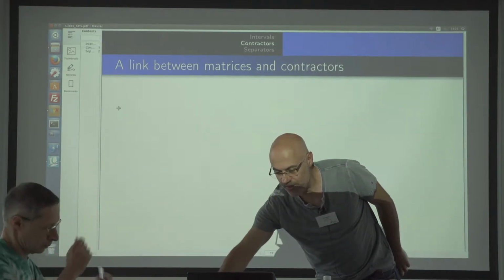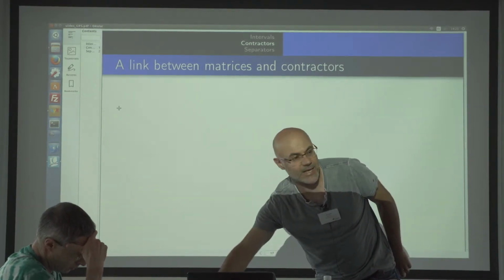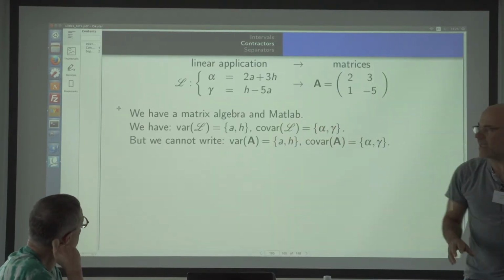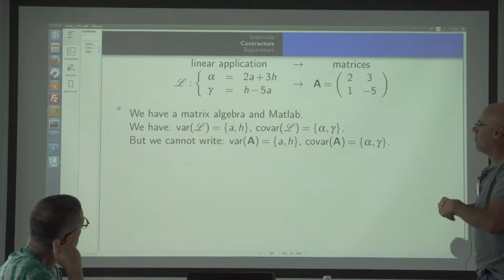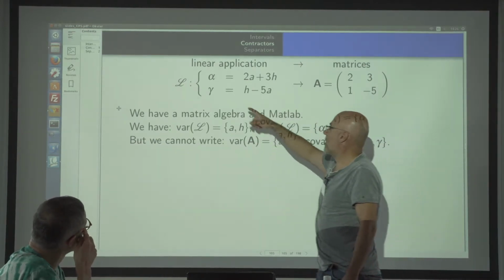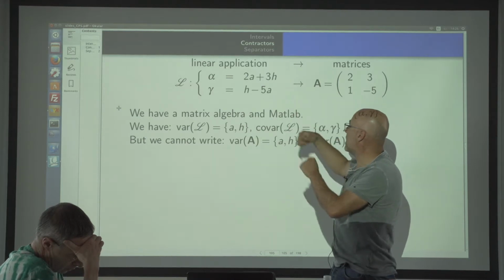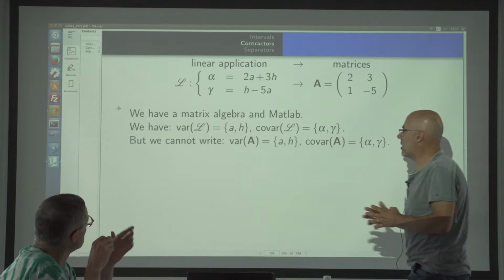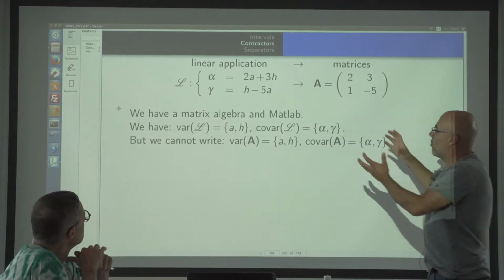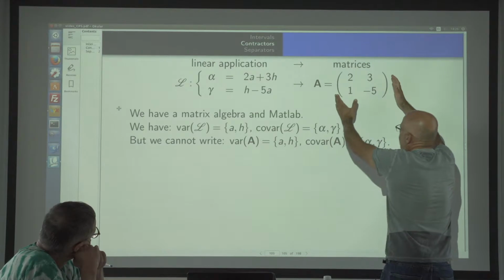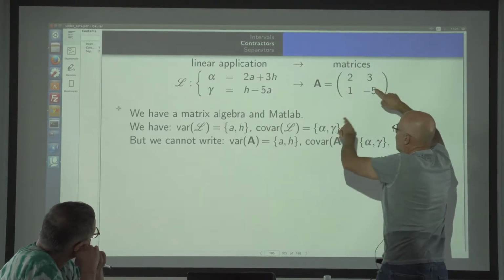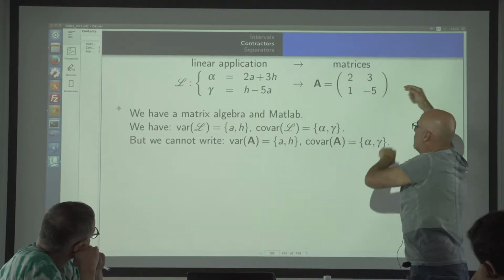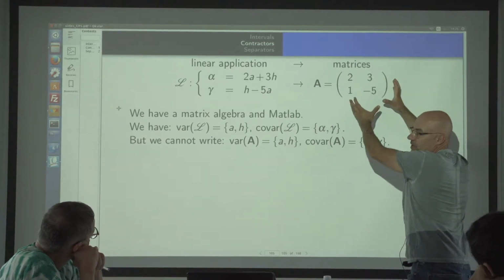So just a remark, a link. There is a link between matrices and contractors, and I will try to explain why. When you have a linear equation, you have variables, so I put in kind of variables that are linked by an equation. So here, A, H, gamma. When we represent this by a matrix, like this one, we don't know that this corresponds to A and this corresponds to H. This corresponds to alpha, we have the matrix.